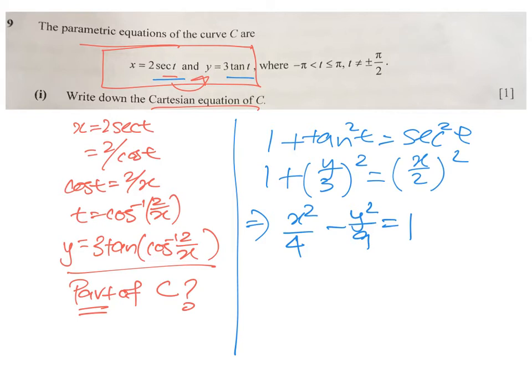Part 2 of the question wants us to sketch the curve C, stating the equations of the asymptotes and the coordinates of the points where C crosses the axis. So identify this as your hyperbola.